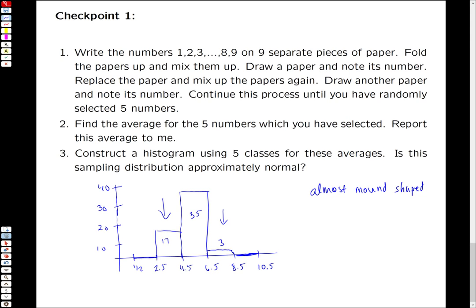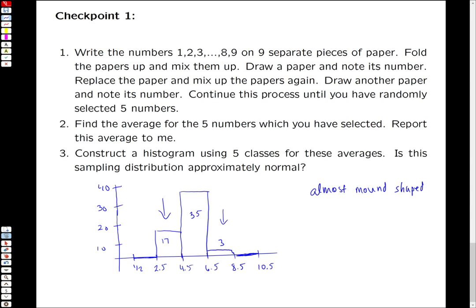It's a little bit more mound-shaped. The more times you sample something, the better your results are at representing your data. And the closer to a normal distribution you get, with more of the outliers cropping in and stuff like that. So this is almost mound-shaped for this distribution.